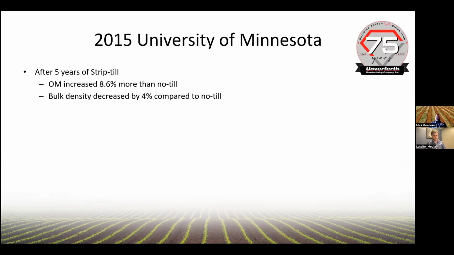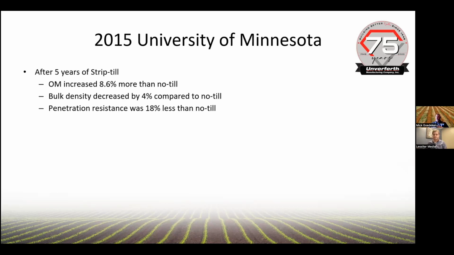Bulk density decreased by 4% compared to the no-till. So we had a few more air pockets there. We got our bulk density down just a little bit. Penetration resistance, I talk about this a lot. Penetration resistance is very important, especially in the first 2 to 3 weeks of the corn plant's or any plant's life cycle.